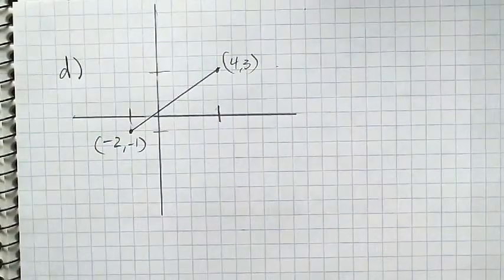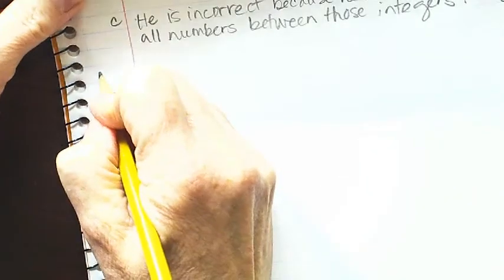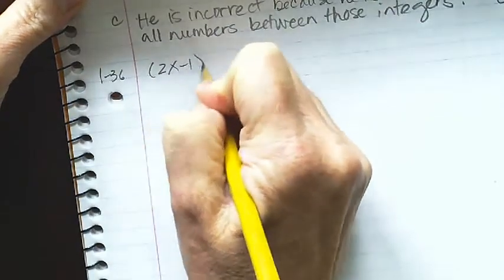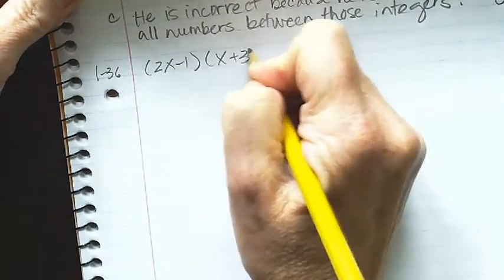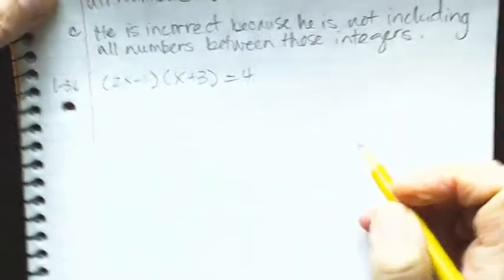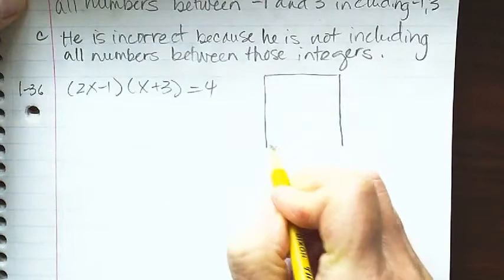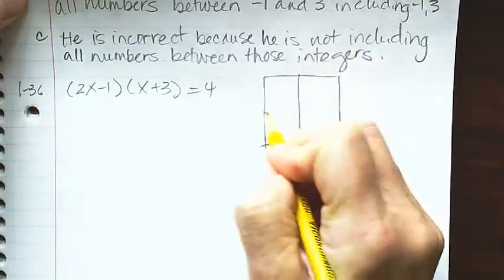So let me write. Okay, so I'm going to quickly multiply 2x minus 1 times x plus 3.